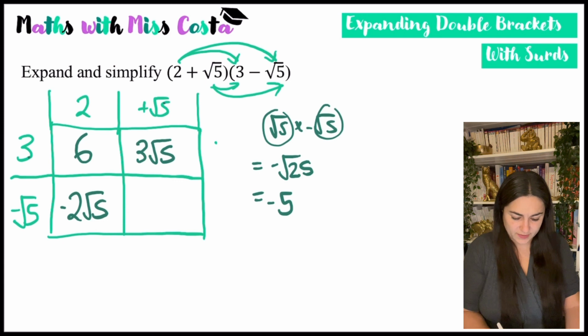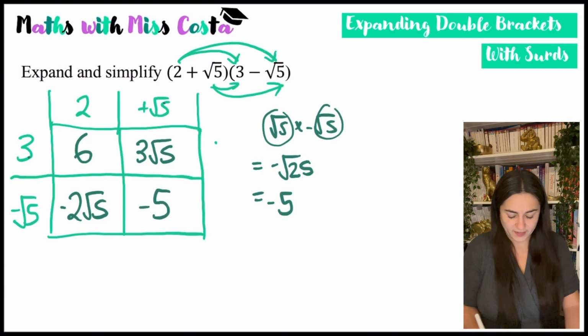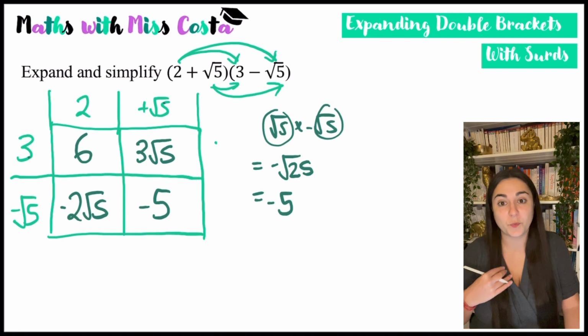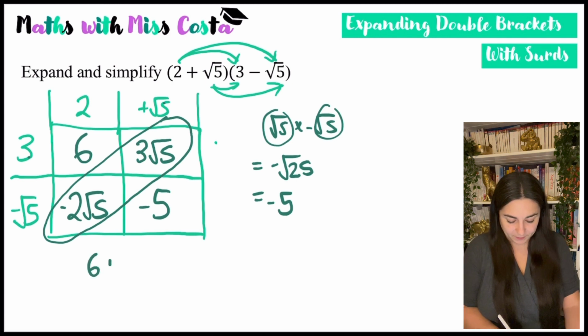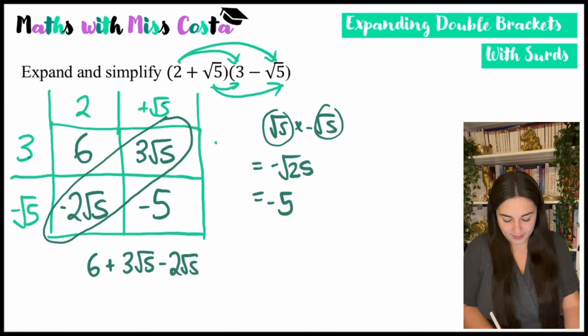Now, if you do it in a grid, it just gives you a bit more space to do working out on the side. And it also makes life a little bit easier because with the grid method, you know that the middle 2 terms are going to simplify. So you'd write that out as 6 plus, so I'll just write it all out, but when you do this a few times, you'll begin to notice that you can do shortcuts. So you've got 6 plus 3 root 5, take 2 root 5, take 5.